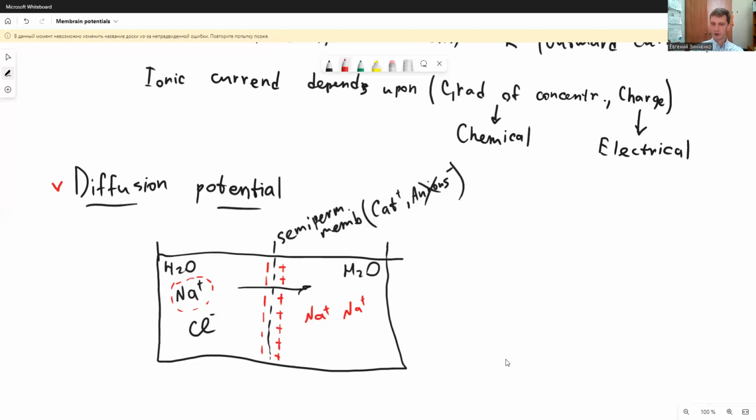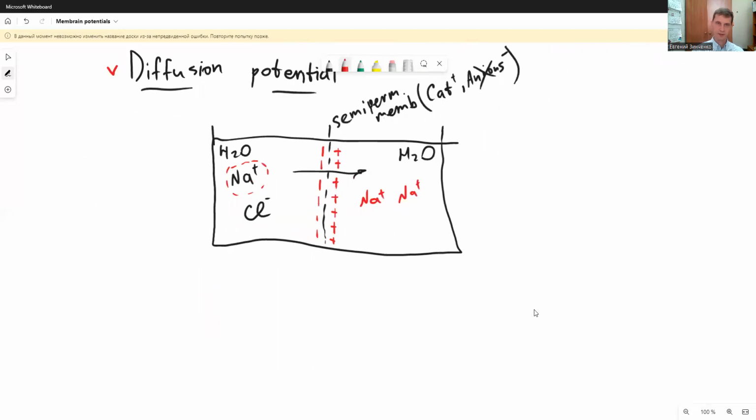This value of the charge has a specific name. This potential difference we can call equilibrium potential for sodium ions.